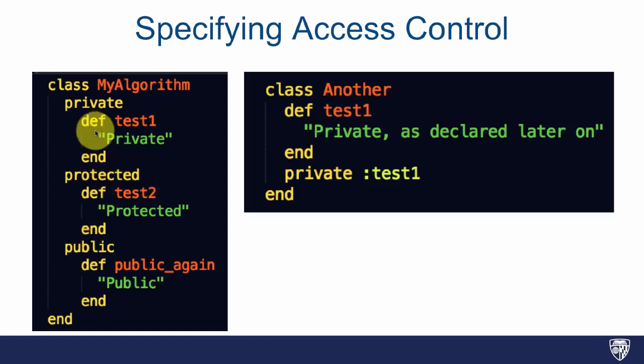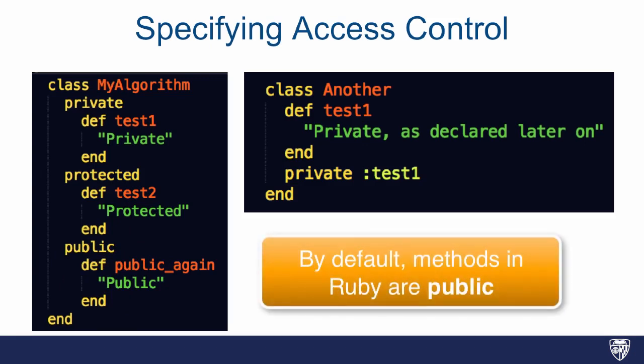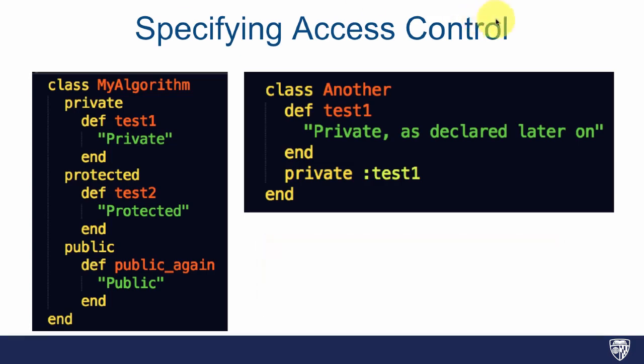Whereas if you wouldn't have any of these, or if you would have this method all the way up before private, you wouldn't need any keyword because methods by default in Ruby are public. The idea is if you're creating a method, you probably want somebody from outside the class to call it. The other way to do it is you define a method regularly, and then you say, by the way, test1 method that I defined earlier, I want it to be private, and you could do this using a comma-separated list of method names.